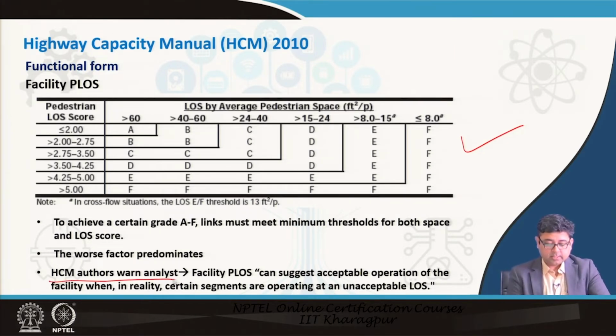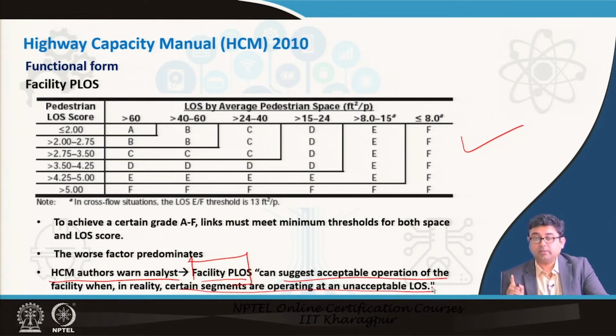The HCM authors have a small warning saying that the facility pedestrian level of service can suggest acceptable operations of the facility when in reality certain segments are operating at an unacceptable level of service.